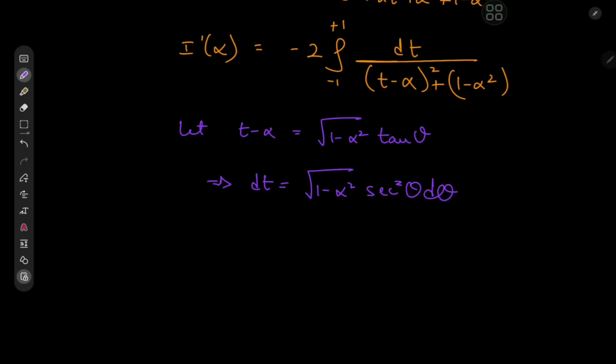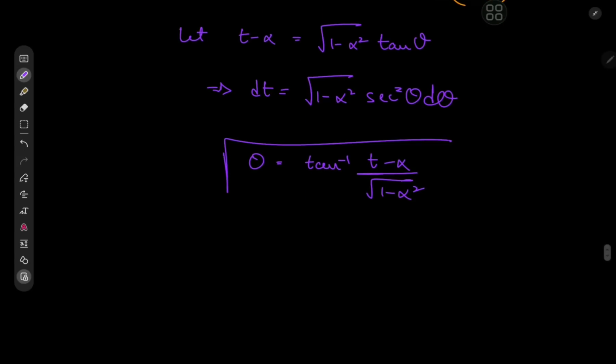And what about the limits? Well, we have this thing, which means that tangent theta equals t minus alpha divided by root 1 minus alpha squared, or we can write this as theta equals inverse tangent t minus alpha divided by root 1 minus alpha squared. So by that token, we know that t approaches negative and positive 1.